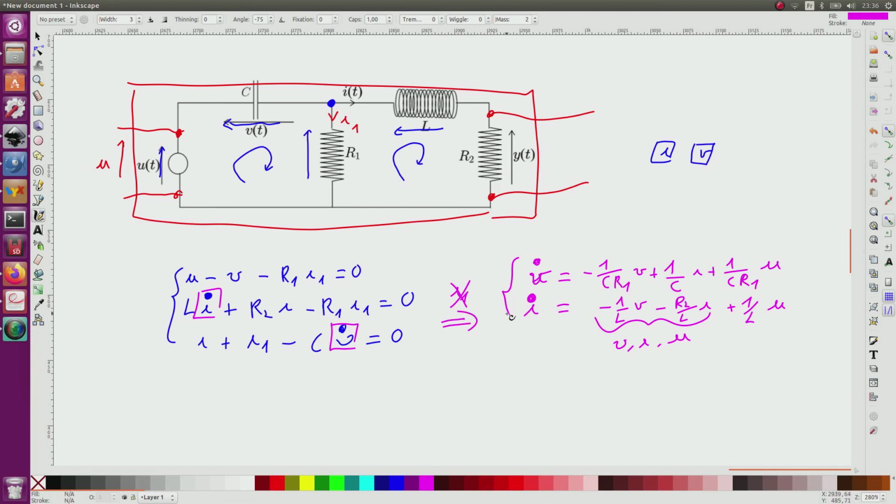And also I have to add the output y, which is equal here to R2 E. Okay, so it's not a derivative, it's just E.